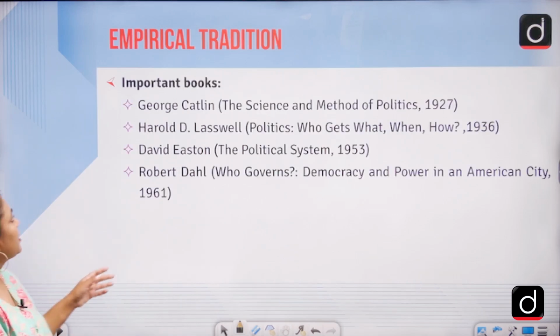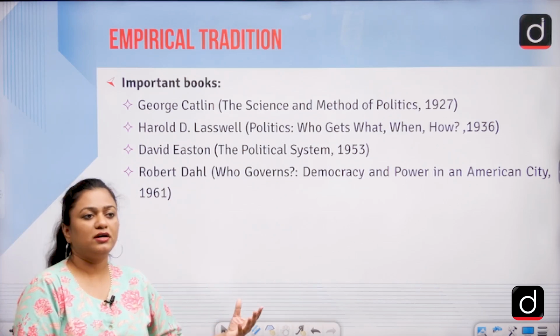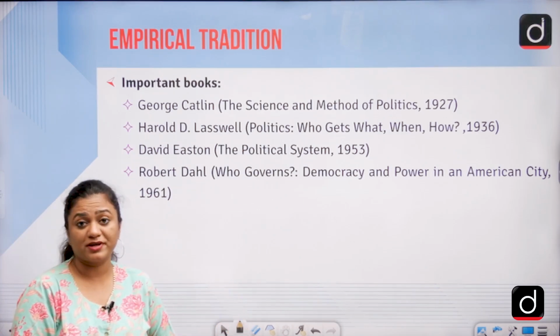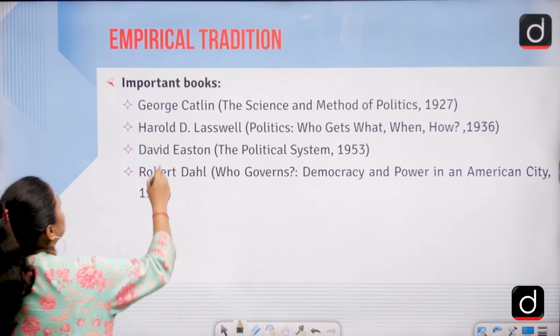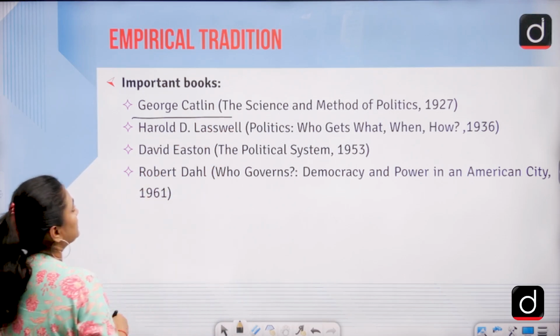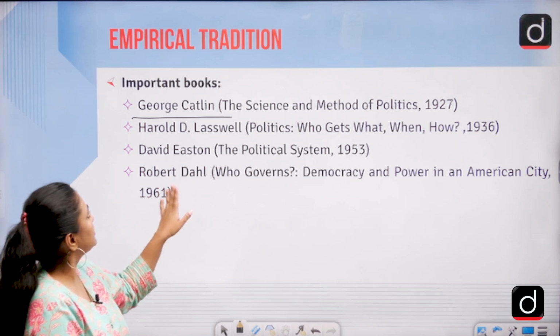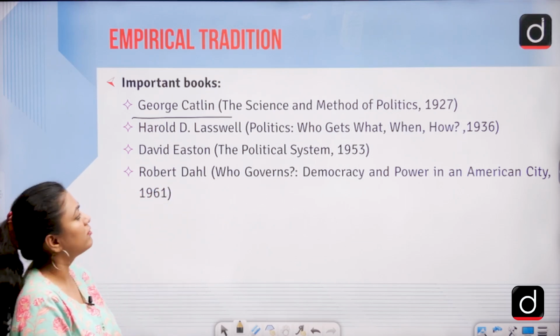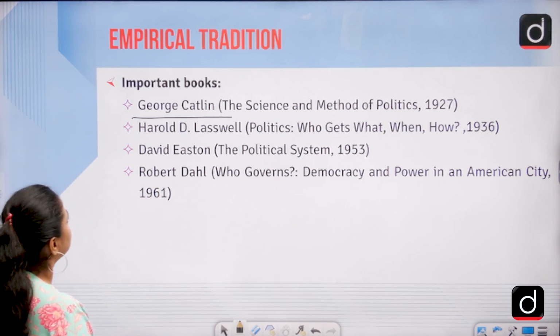So the important books of those who subscribe to the empirical tradition in political science or political theory: one is George Catlin, also called G.E.G. Catlin, with The Science and Method of Politics, 1927.